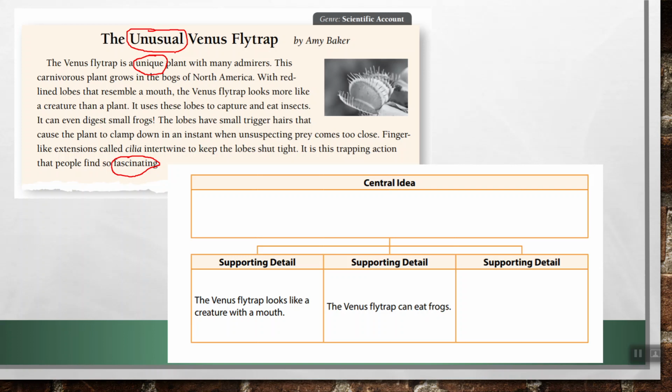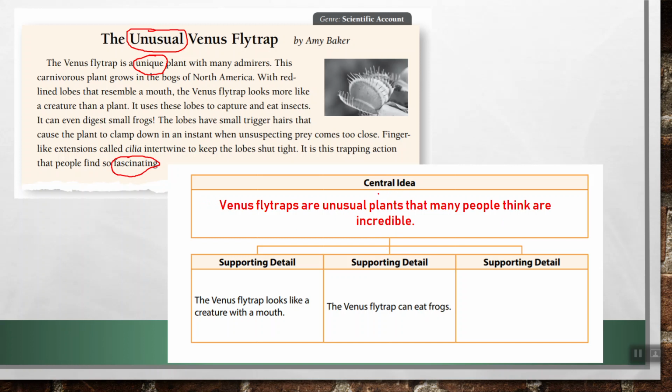So if I put these details together, it's unusual, it's unique, it's fascinating, and I take a quick look back at what it talked about: how it trapped the insects, what it looks like, it can eat frogs. Those details work together to help me come up with the idea that the author wrote this so that I would really understand that Venus flytraps are unusual plants that many people think are incredible.